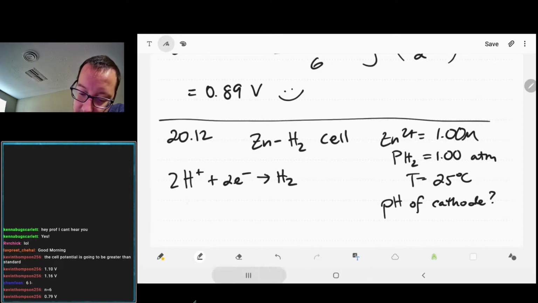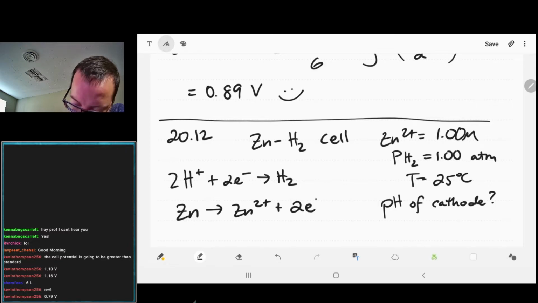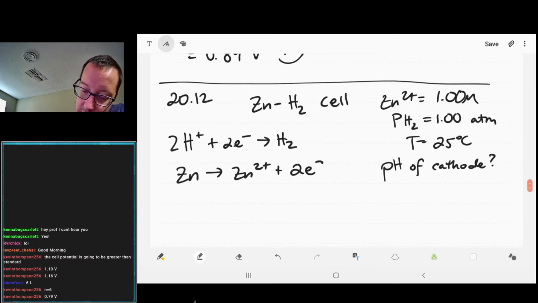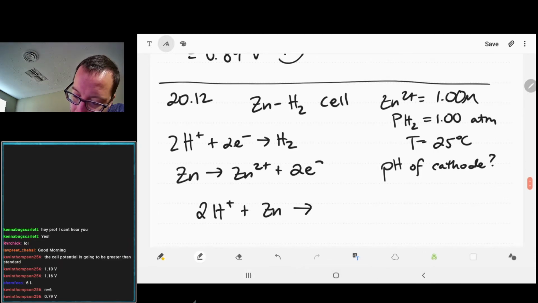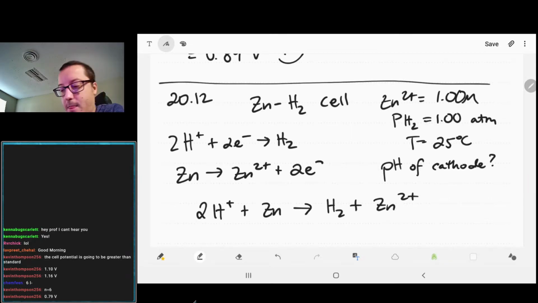And then the other side, we have the oxidation of zinc. That's what's happening here. So if we put these together, we're going to have overall this.